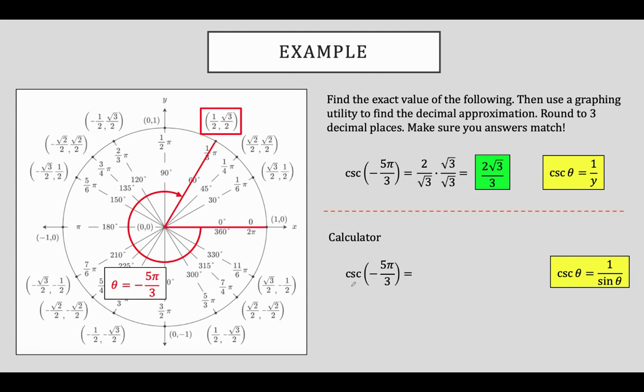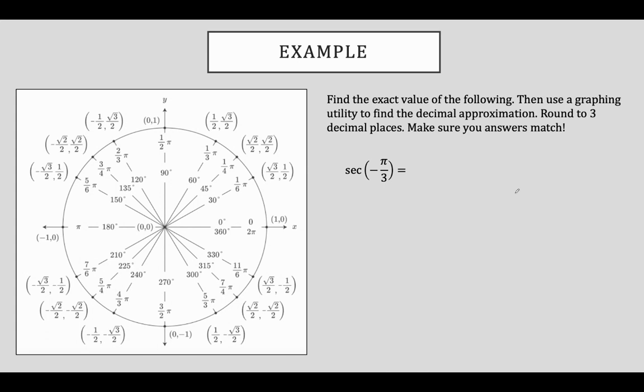So to evaluate the cosecant of negative 5 pi over 3, I plug that into the calculator as 1 divided by the sine of negative 5 pi over 3. Hitting enter, we get approximately 1.155. And 1.155, well, that is the approximation of 2 root 3 divided by 3, our exact answer that the unit circle gave us.